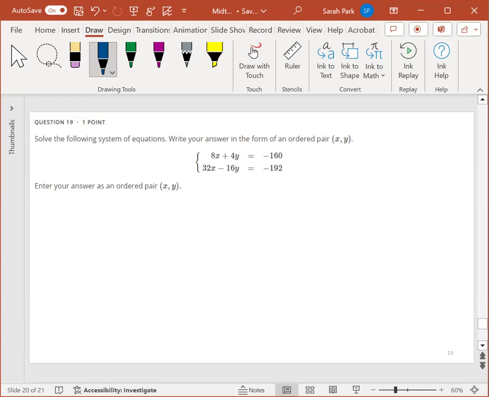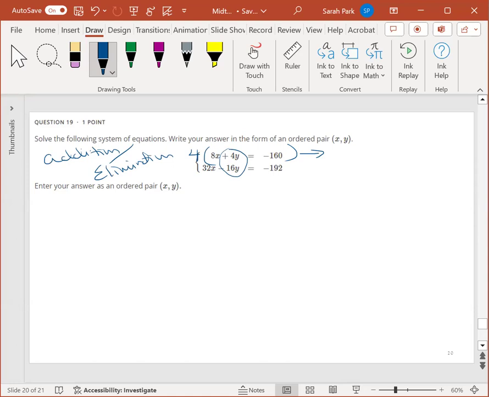Number 19, let's solve the system of equations. To do this, let's use the addition or elimination method. I'm looking at the 4y, and I want to make that a 16y. So let's multiply that first top equation by 4.